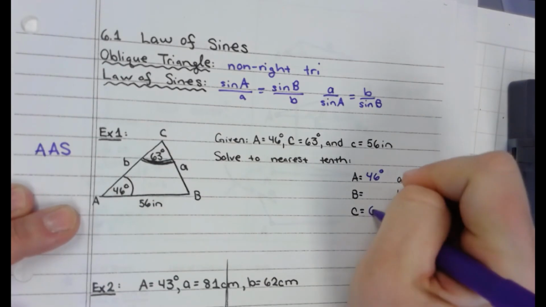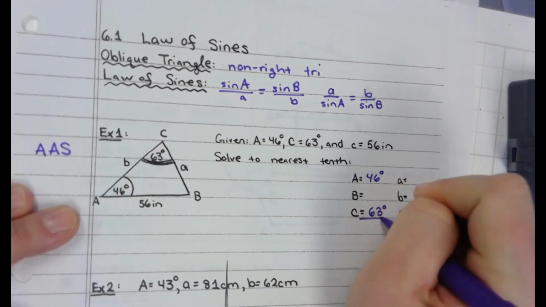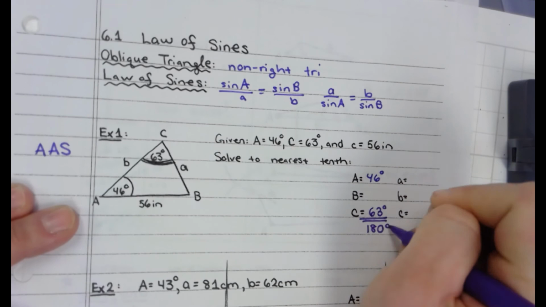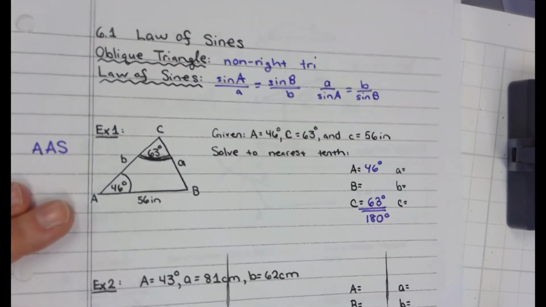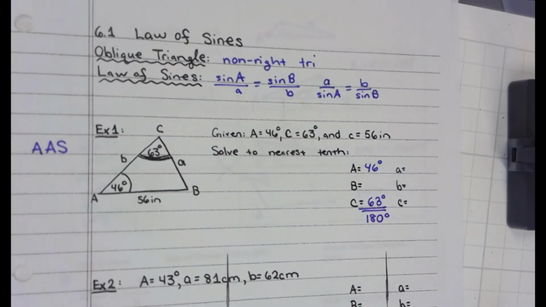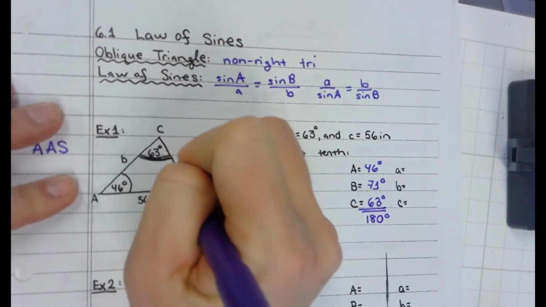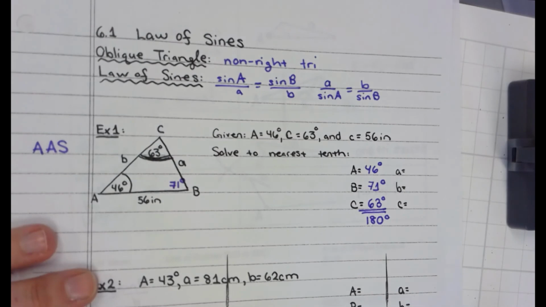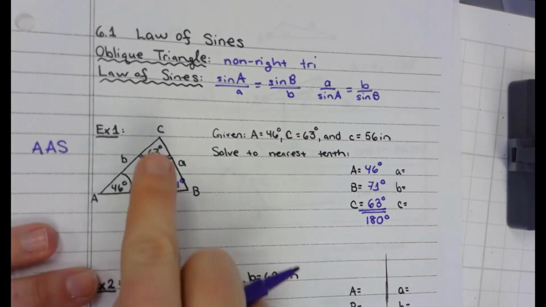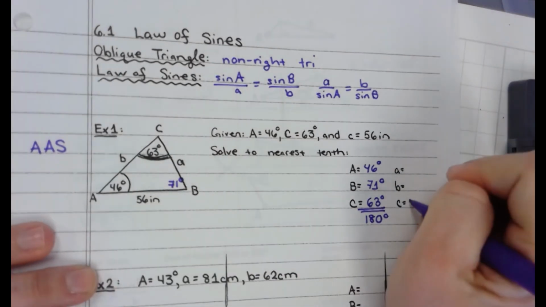C was 63 degrees. Oh wait, if we have 2 angles, can't we figure out what the third one is? Okay, add them together, subtract from 180, go. 71, thank you. Okay, so we got 71 degrees right here. We were given opposite of C, so we have little c is 56 inches down here.